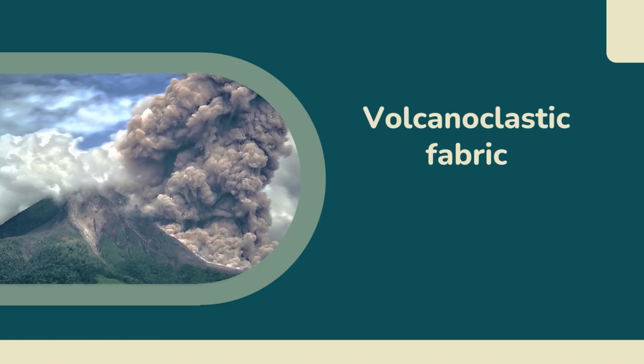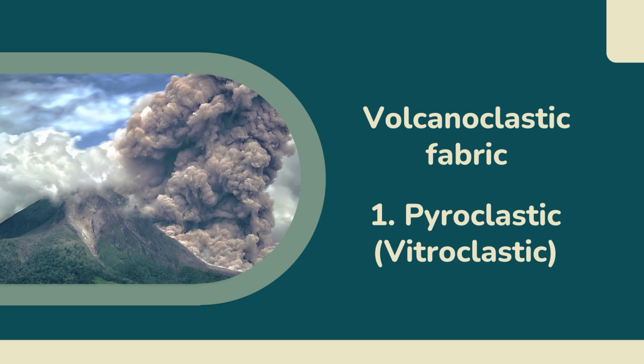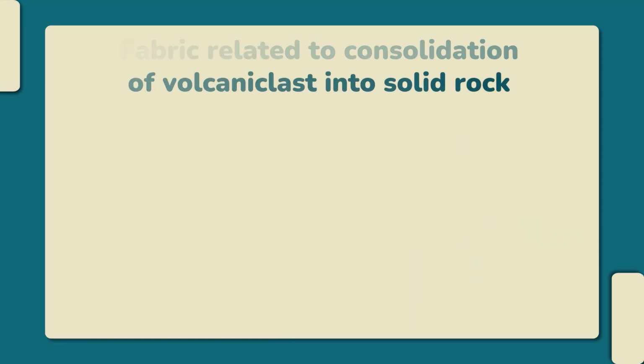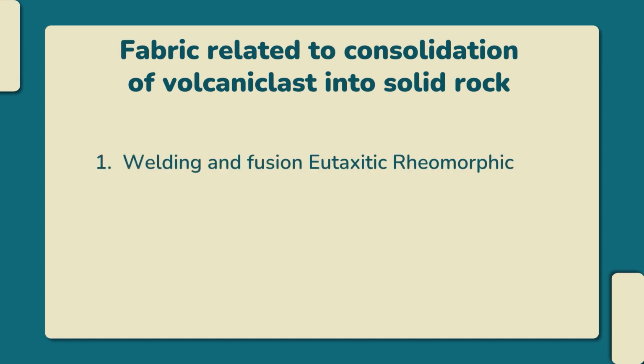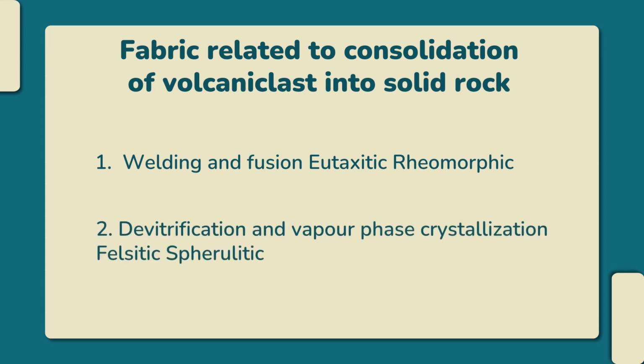Then we come to the volcanoclastic fabric, that is pyroclastic fabric. Pyroclastic fabric is related to consolidation of volcanoclasts into solid rock. One is welding and fusion, that is an exotic texture, rheomorphic texture, and devitrification and vapor phase crystallization, which is also felsitic and spherulitic textures.